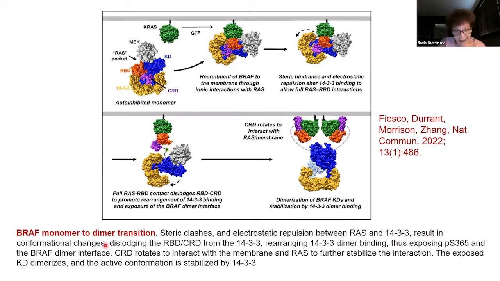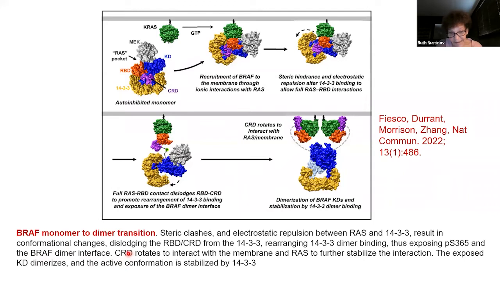These clashes and repulsion result in conformational changes, which then dislodge the RAS binding domain and the cysteine-rich domain from the 1433, leading to rearranging of the 1433 dimer binding, which in turn leads to exposing that key phosphorylation site and the RAF dimer interface.